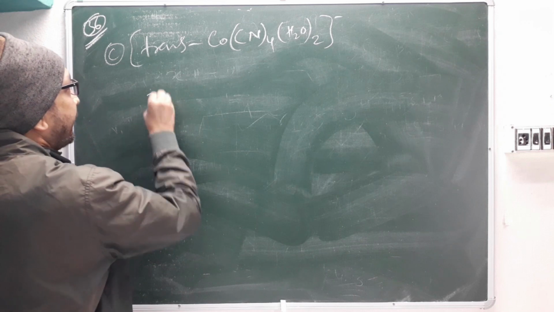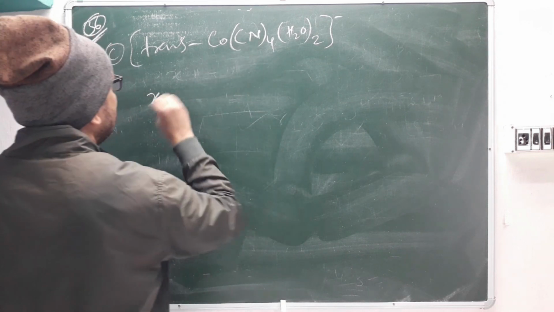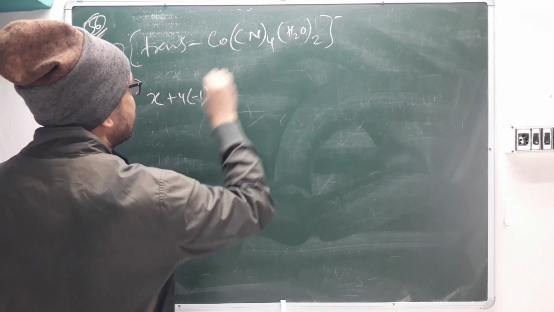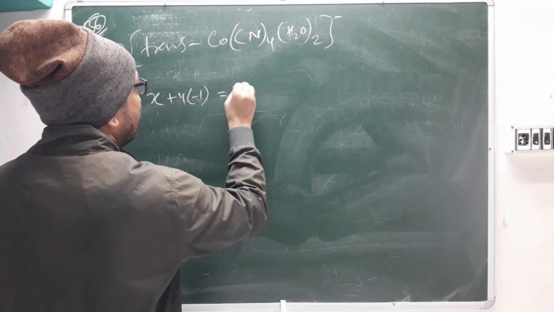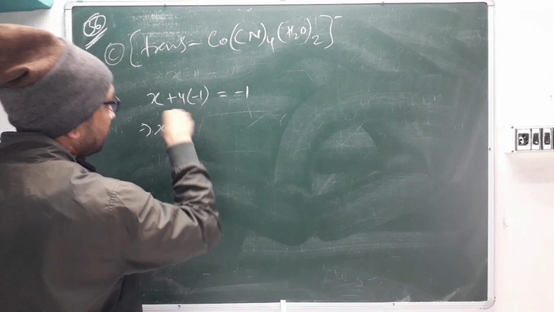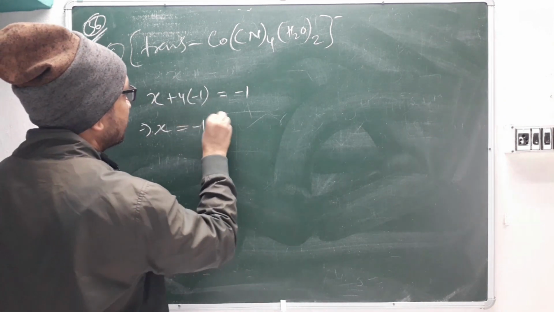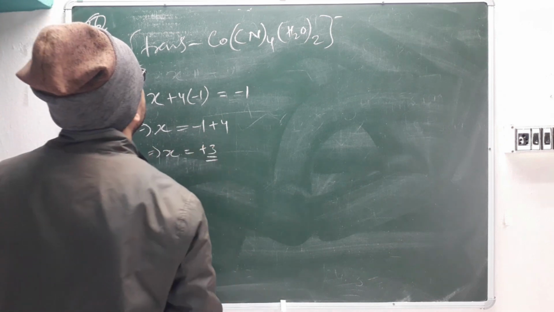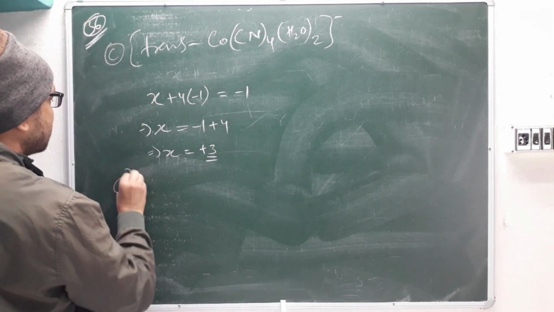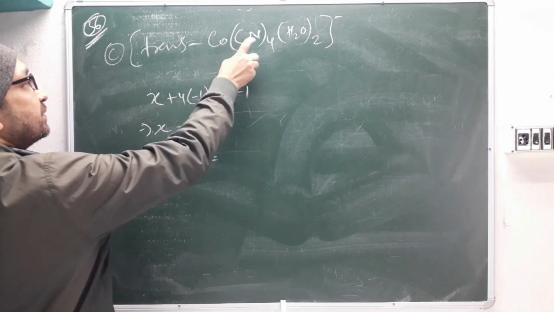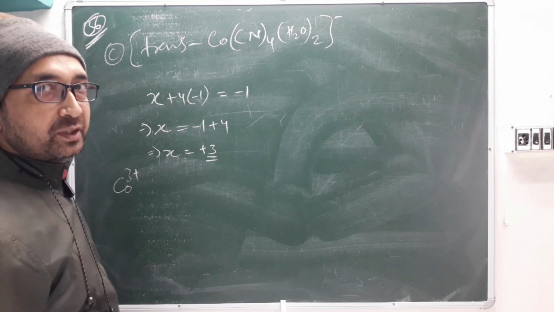Cobalt X, plus 4 into -1, this will contribute 0, equal to -1. So X minus 4 equals -1, so X equal to plus 3. So the oxidation number for cobalt is 3 plus. Whether it's 3 plus or 2 plus, if cyano is there, it will be a low spin complex, right?